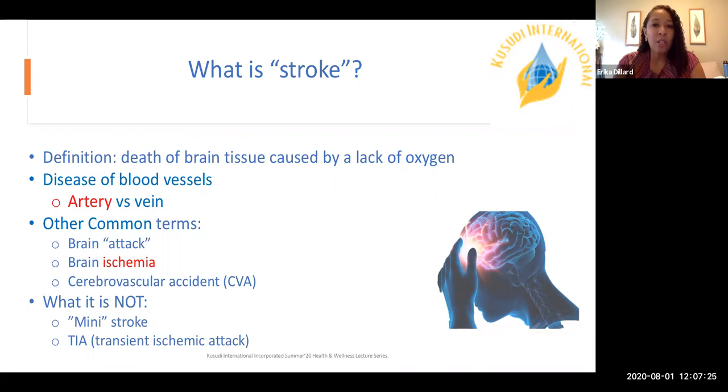So what is a stroke not? We often hear the term mini stroke, or TIA, or transient ischemic attack. By this definition, transient means that you may experience symptoms of a stroke that come, but then go, and that person may return to their normal baseline behavior or baseline activity.